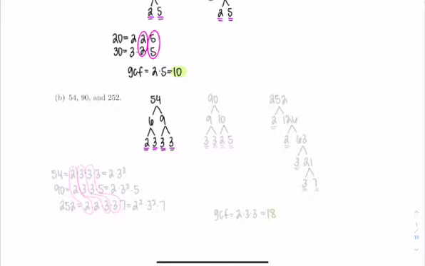Let's look at 90. Well, 90 can be broken down into 9 and 10, and we can break 9 down as 3 and 3, and 10 is 2 and 5, and all of those are prime.